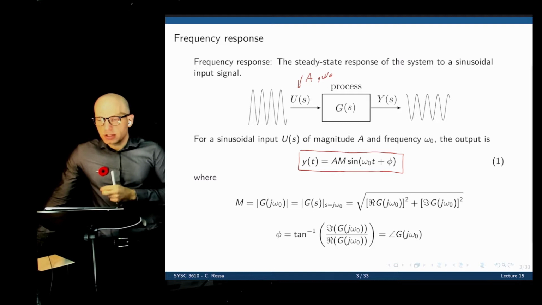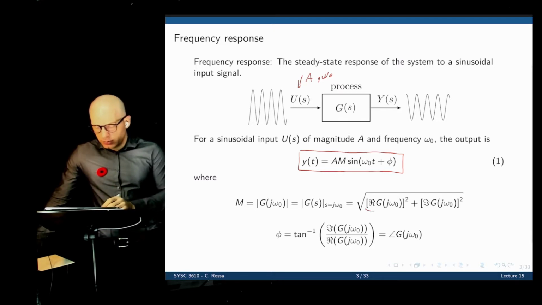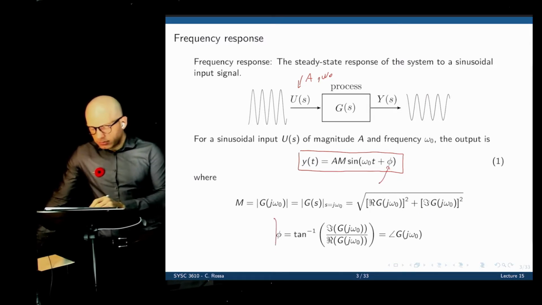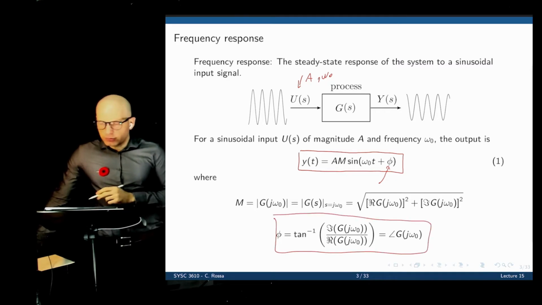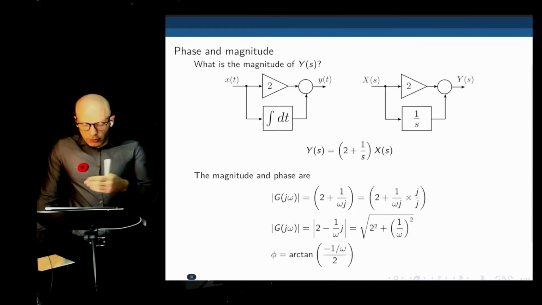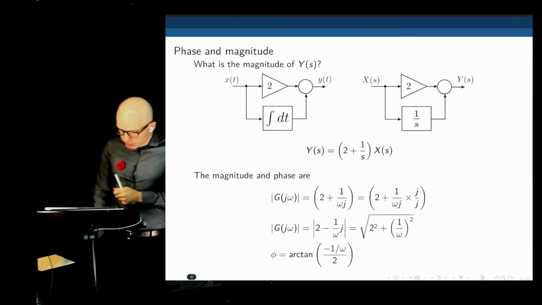We calculate the magnitude of the transfer function by taking the square root of the real part of the transfer function squared plus the imaginary part squared, at the frequency we are evaluating the system at. We also notice that there is a phase shift, which we can calculate as the angle of the transfer function, that is, the inverse tangent of the imaginary part divided by the real part at that specific frequency. Both parts are frequency dependent.